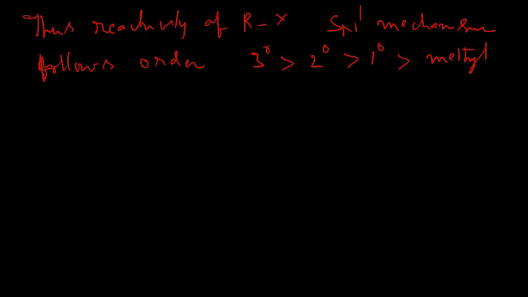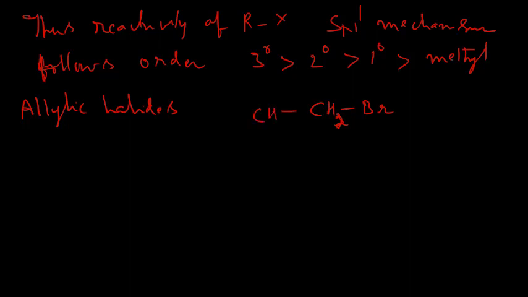Now let us discuss the reactivity of allylic halides towards SN1 mechanism. What is an allylic halide? See, this is CH2Br. The carbon bearing the halogen atom is connected to an sp2 carbon. So this is an sp2 carbon, this is an sp2 carbon. So this carbon bearing the halogen atom is connected to an sp2 carbon.